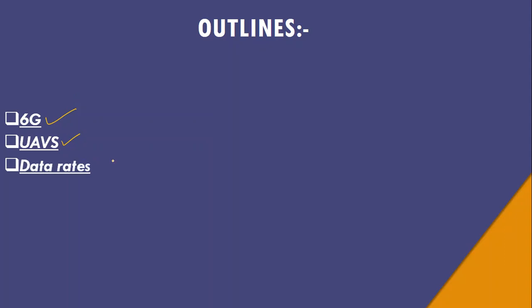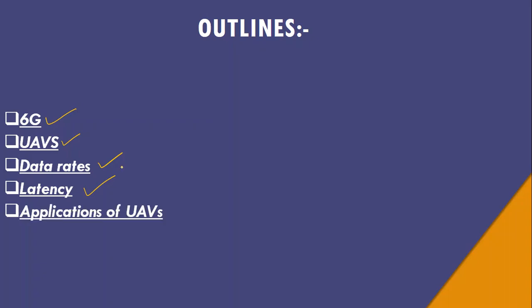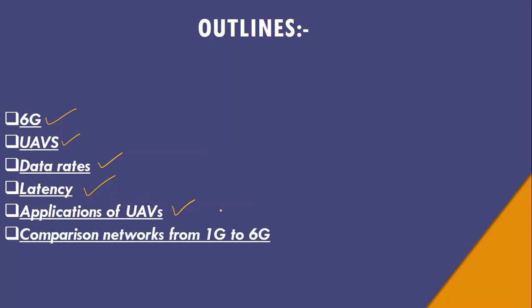Third, we will discuss the data rates used in 6G. Fourth, we will discuss the latency in 6G. Fifth, we will discuss applications of the UAVs in 6G. And finally, we will discuss the comparison of the networks from the first generation to the sixth generation in mobile network communication systems.